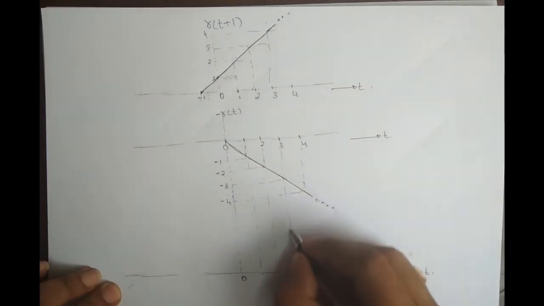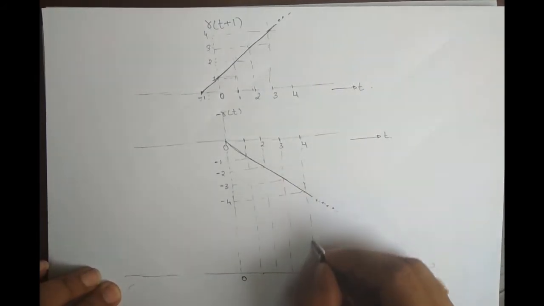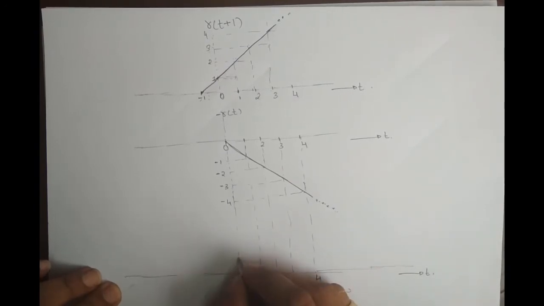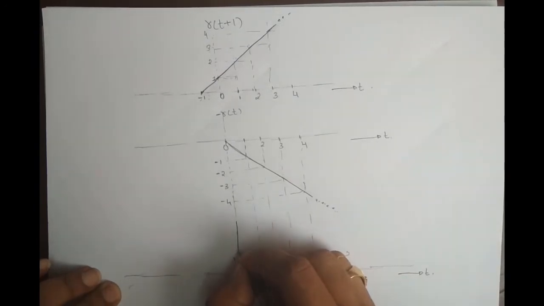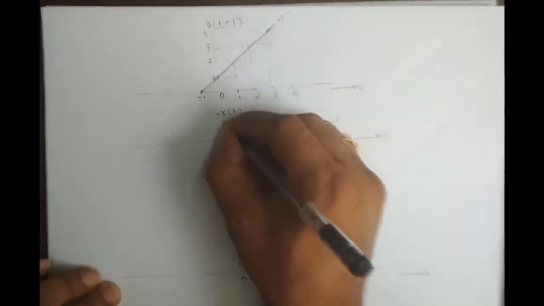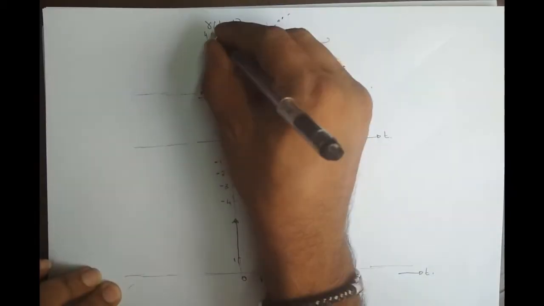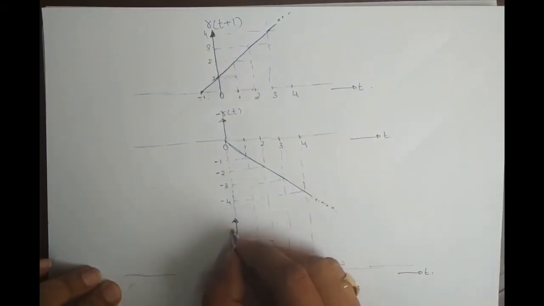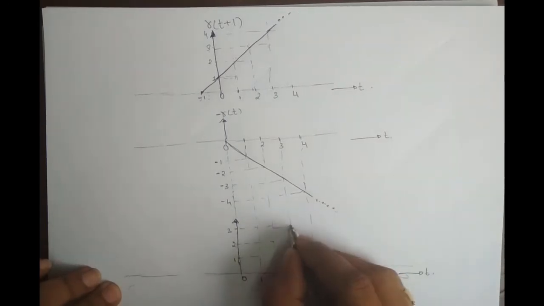It is shifted right. How many times is it shifted? It is shifted one time. So 1, 2, 3, 4. So this is amplitude 1, amplitude 2, amplitude 3, goes on.